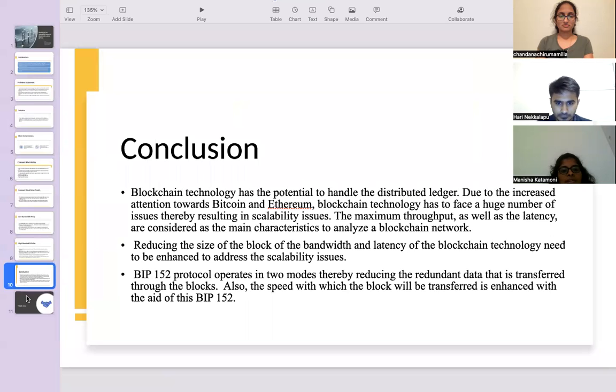To address the scalability issues, the size of the block, the bandwidth, and the latency of the blockchain technology must be reduced. The BIP 152 protocol operates in two modes, reducing the amount of redundant data transmitted with the blocks, and additionally, BIP 152 improves the speed with which the block is transmitted.